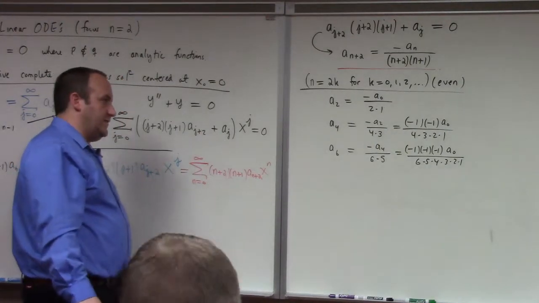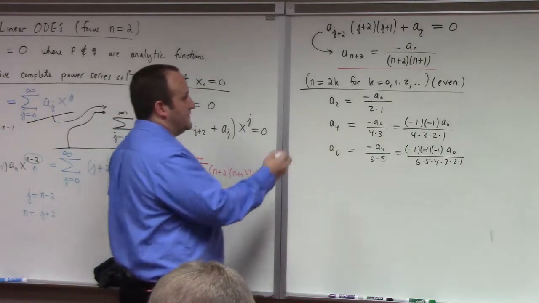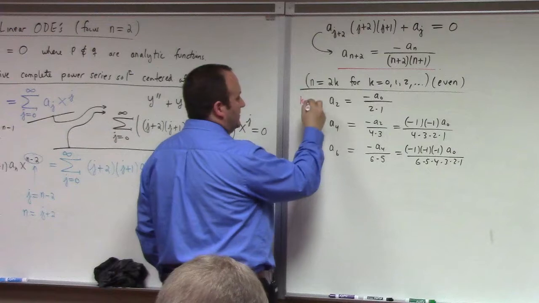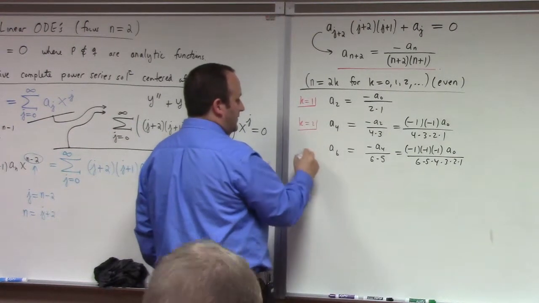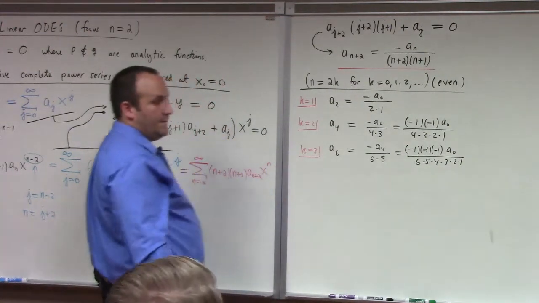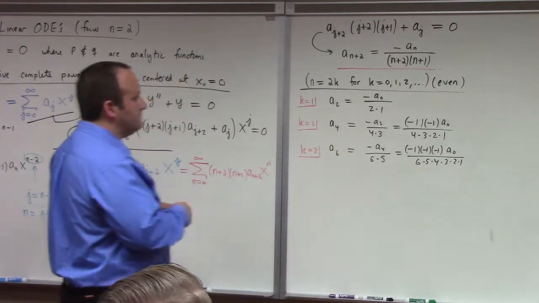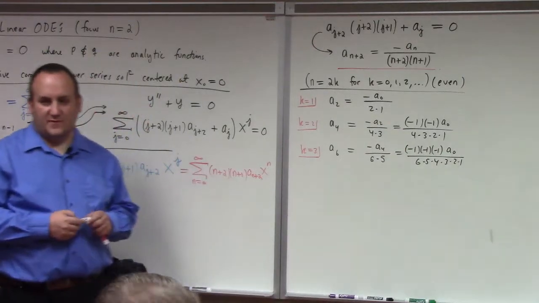So, keeping track of things here, we have n equals 2k. K equals 1, k equals 2, k equals 3. Right? So can you see the pattern? I guess if we were good mathematicians, we'd prove this by induction or something.